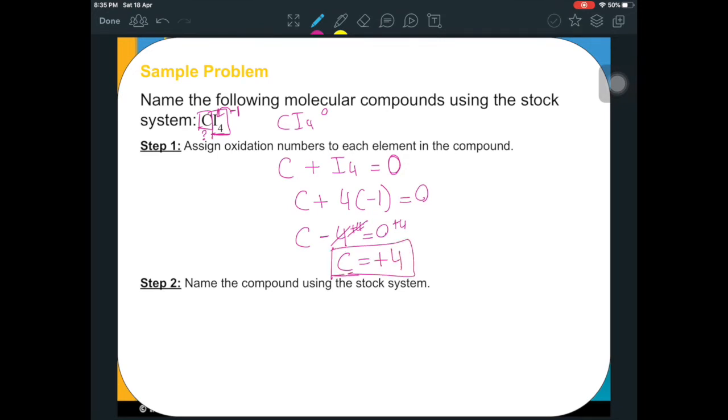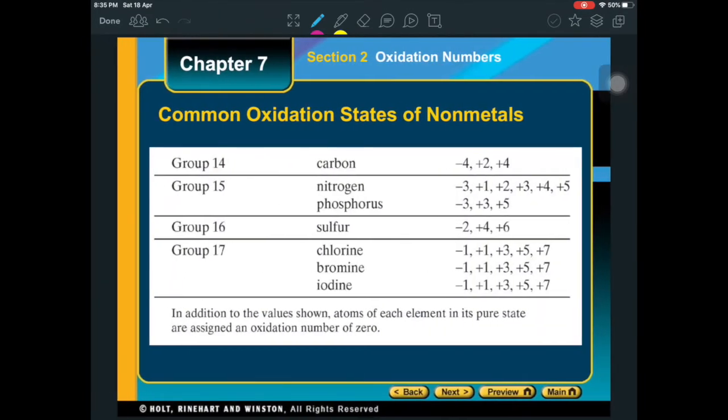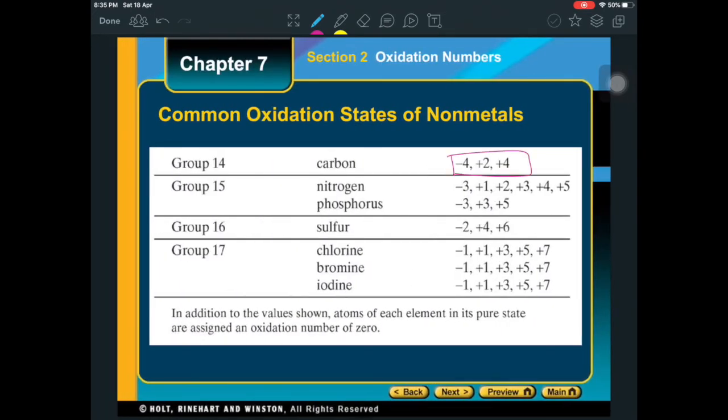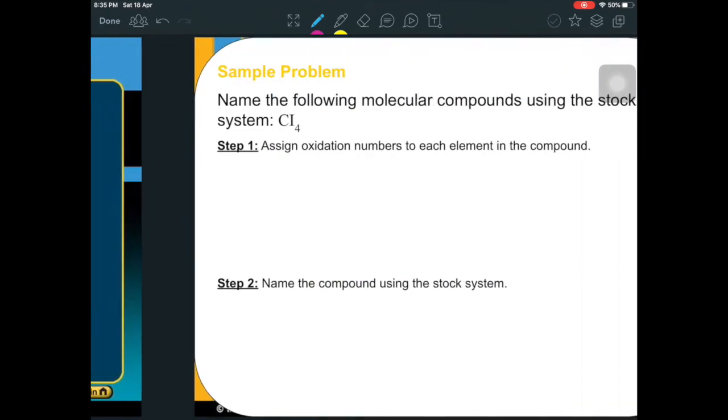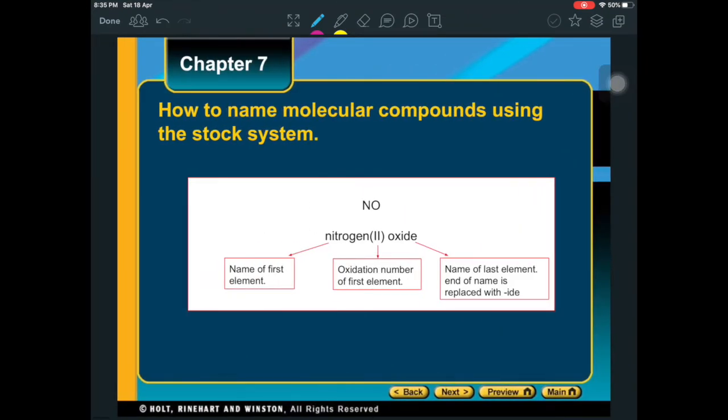Remember, in other compounds, carbon will have different charges. Just like what we talked about yesterday, carbon can have charges of -4, +4, and +2. So this is one of those ones that is kind of a mystery, right? So we've got to actually go ahead and find it. And now let's assign its name. Remember, we've got to follow these rules.